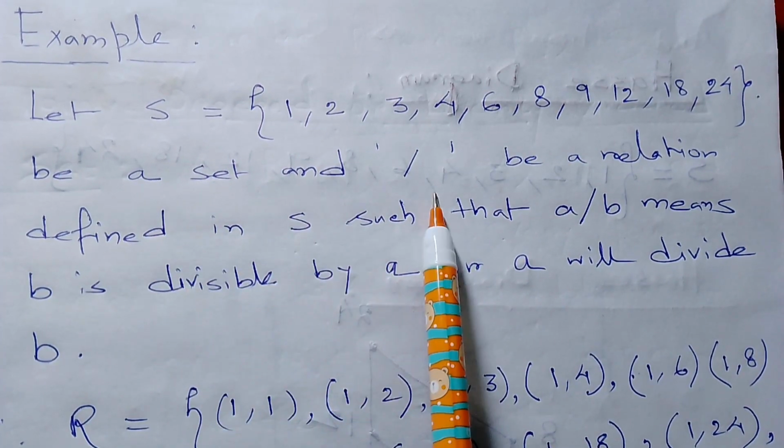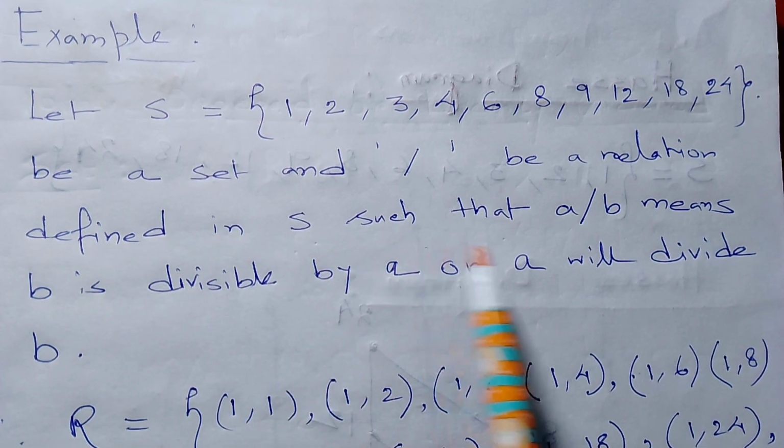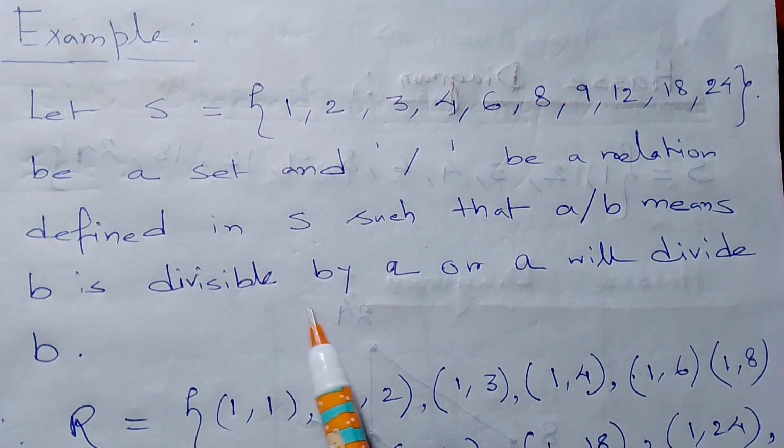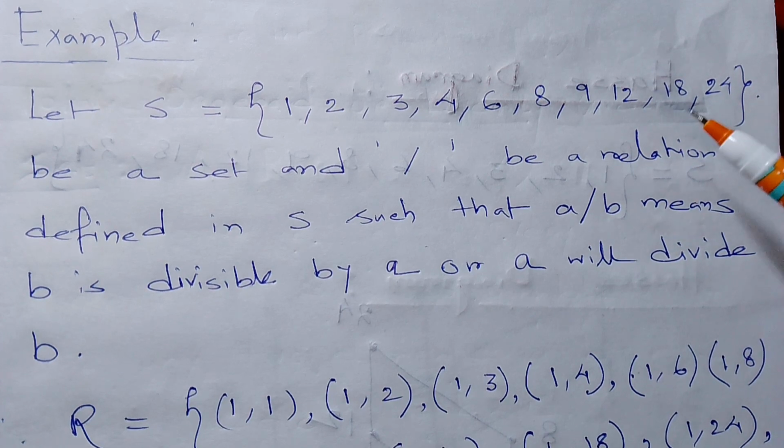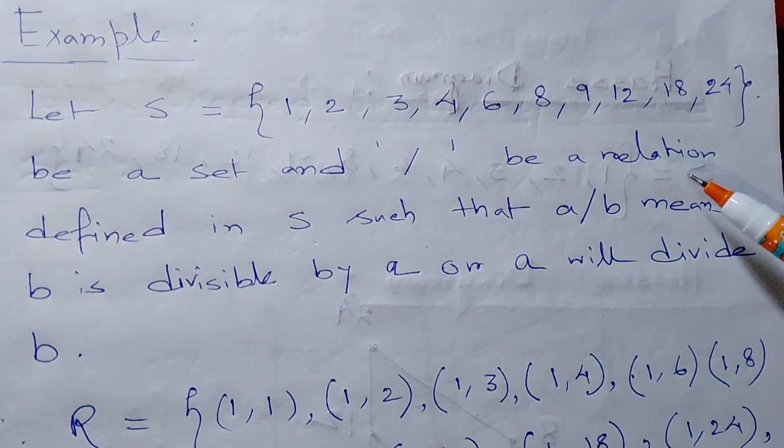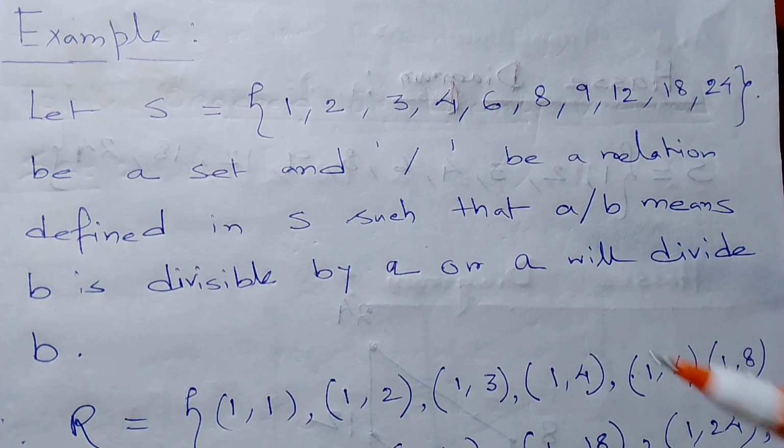So S be a set and divisibility be a relation defined in S such that A | B means B is divisible by A, or A divides B. Whenever a set is given, first we have to write its relation so we can check whether this relation is a poset or not, because to draw a Hasse diagram we have to make sure the given set is a poset, since only then can we draw a Hasse diagram.